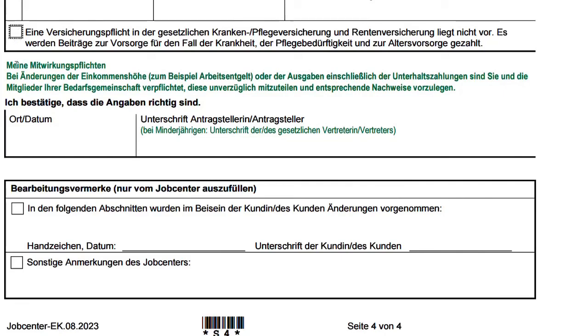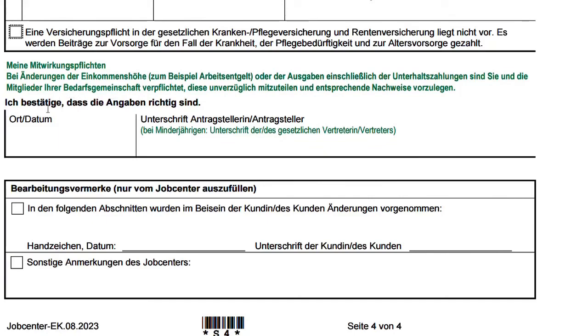This part is about the obligations to cooperate, and it says that in case of any changes in the level of income, for example, salary or expenses, including maintenance payments, you and the members of your community of need or family members are obligated to notify the job center immediately and submit to the job center appropriate evidence about it.